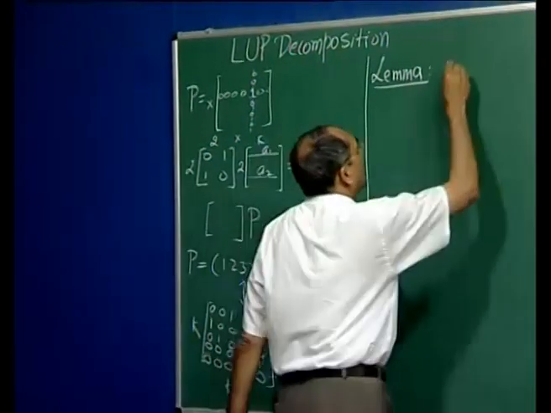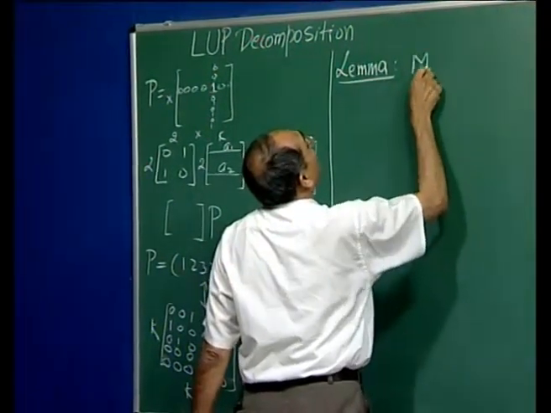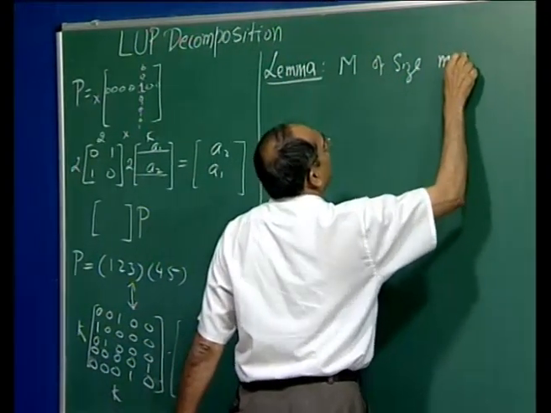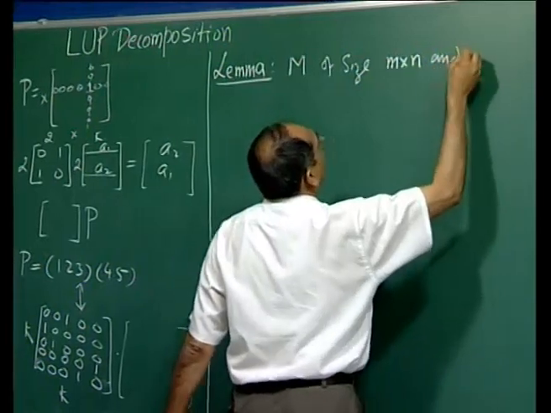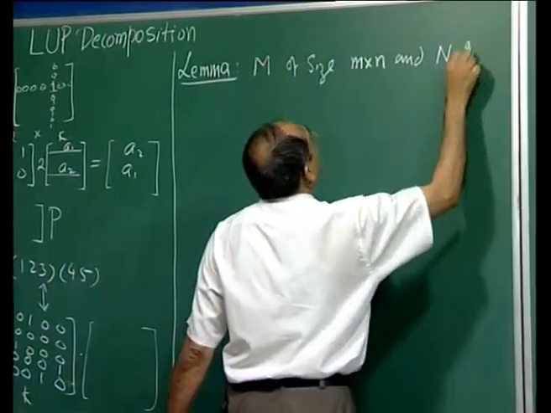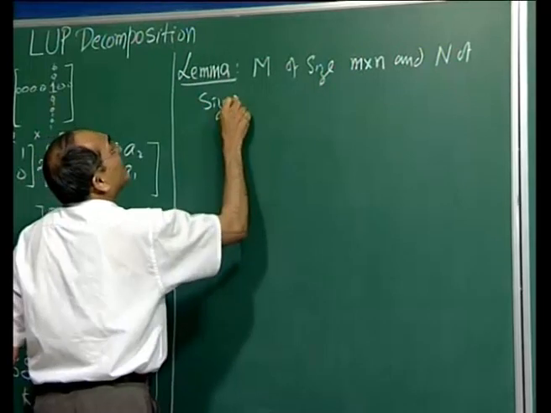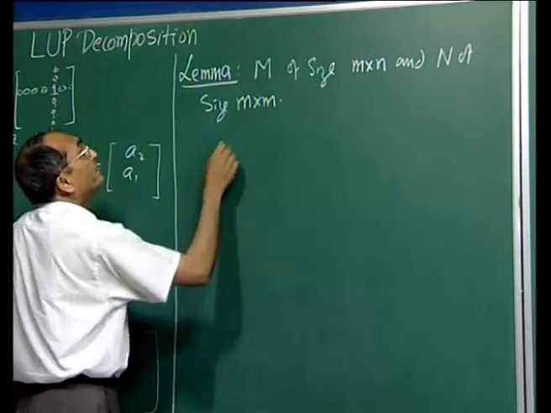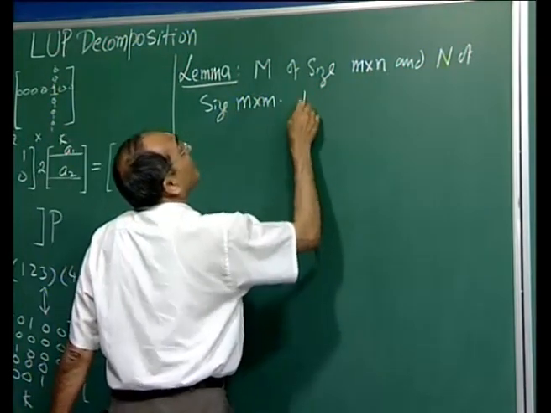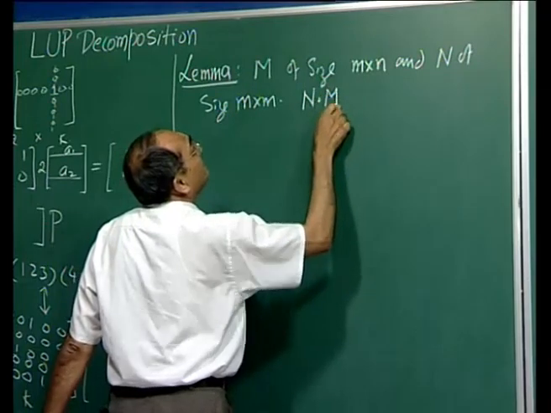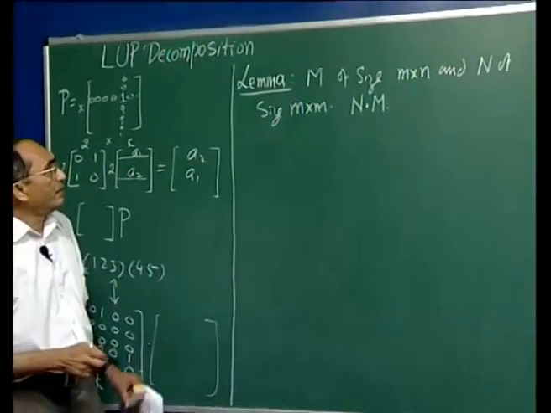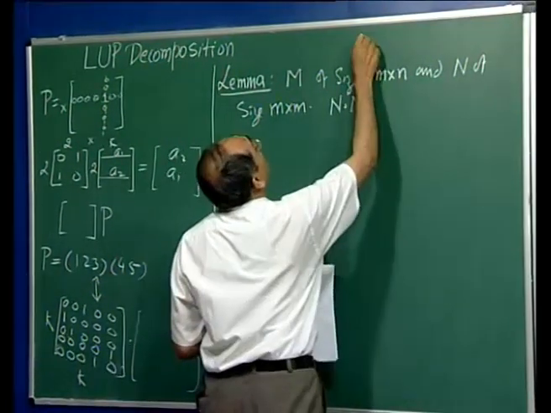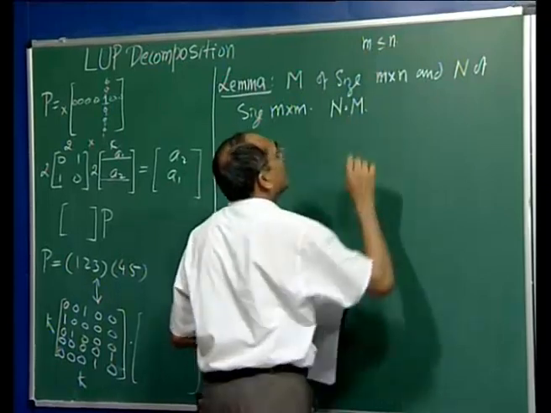Suppose we have a matrix M of size m cross n, and we have N of size n cross n, and we consider the product N dot M. Further assume that m is less than or equal to n for convenience.